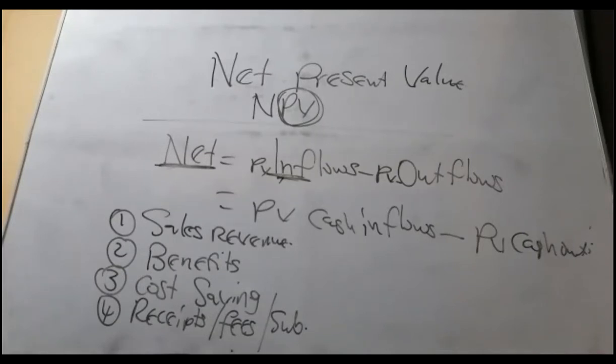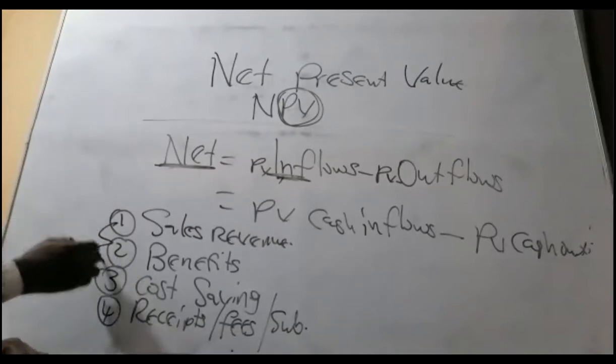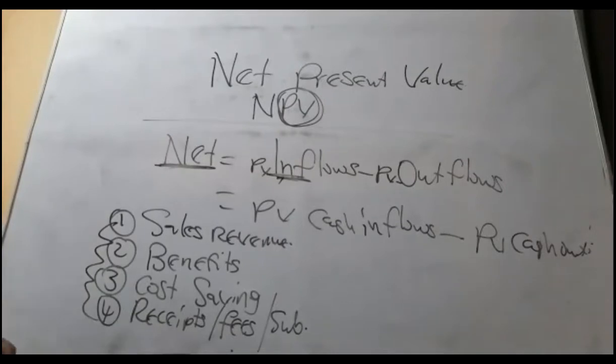So if I'm considering forming an association where every year or every month they will pay dues or fees or subscription, it will be my inflows for that project. So these are the examples of inflows for the project.